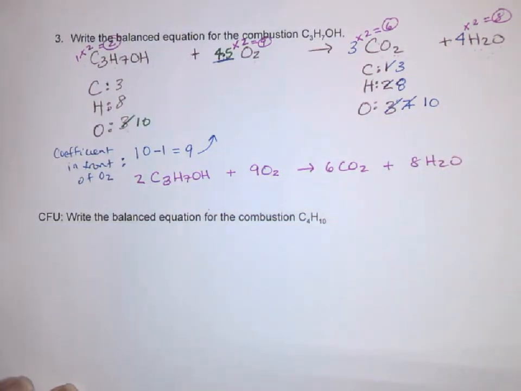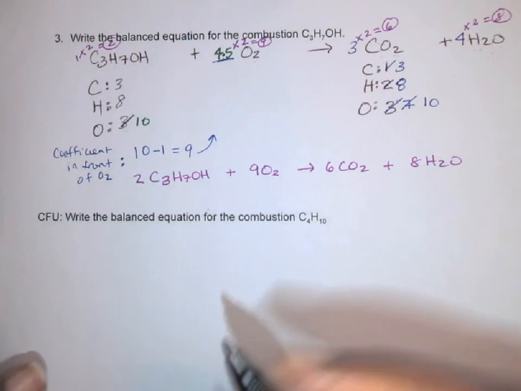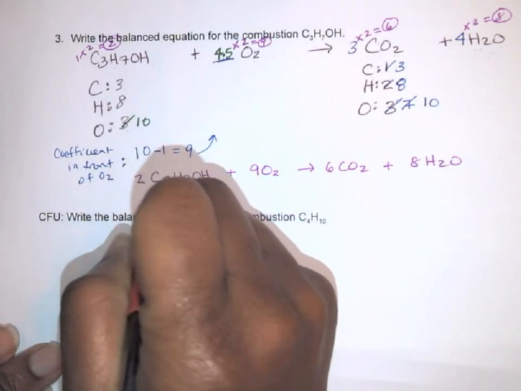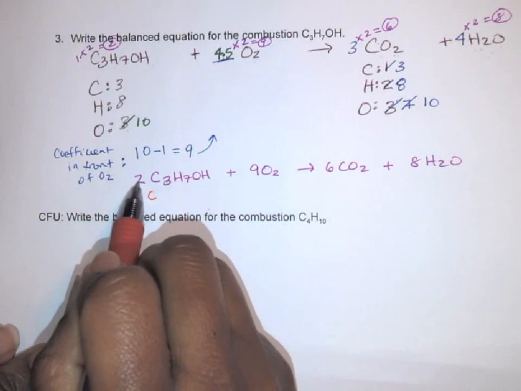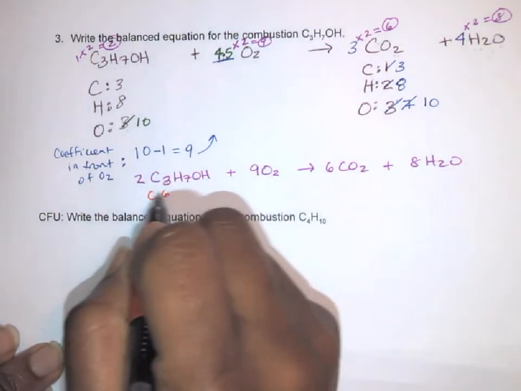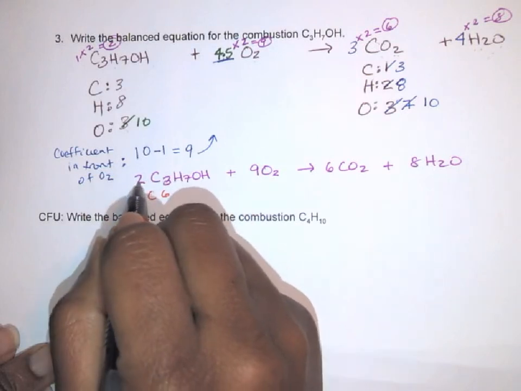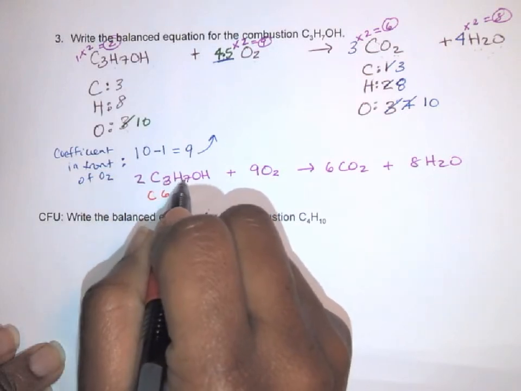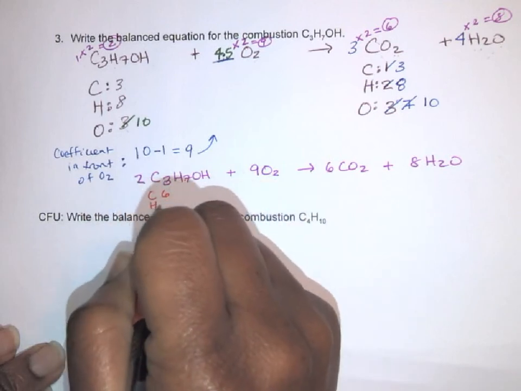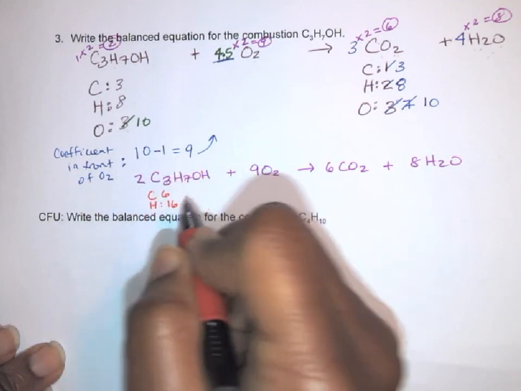Now, one good strategy that's super helpful, and I probably should have done it in the other videos, is to check it and make sure everything works out. So we're going to make sure the number of atoms are the same on both sides. For carbon, we have 2 times 3, so 6 on that side. For hydrogens, this is 7 plus 1, so 8, times 2 gives me 16 hydrogens.